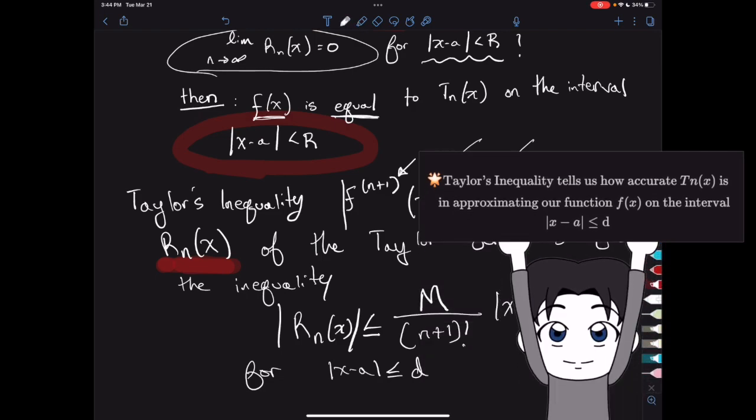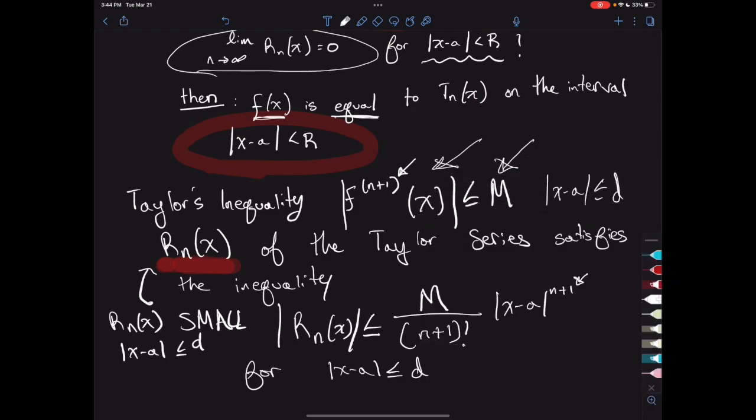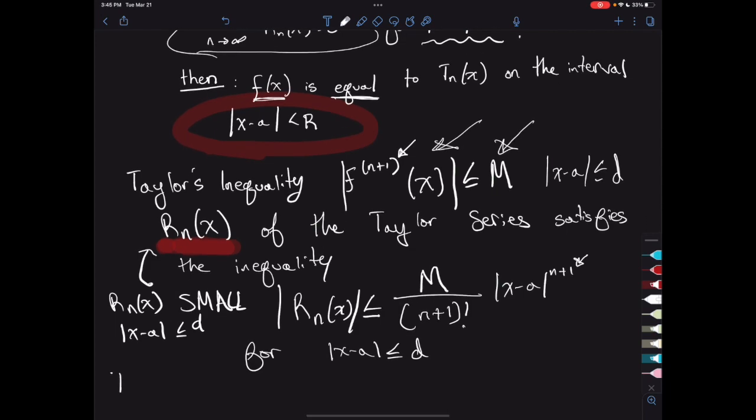To say that again, the reason why we care about Taylor's inequality is that if we can find the value of Rn of x to be small on an interval where the absolute value of x minus a is less than or equal to d, or know how large Rn of x is, then we also know how accurate Tn of x is.